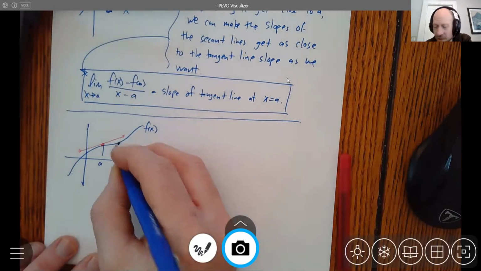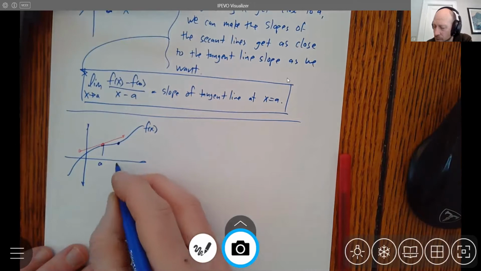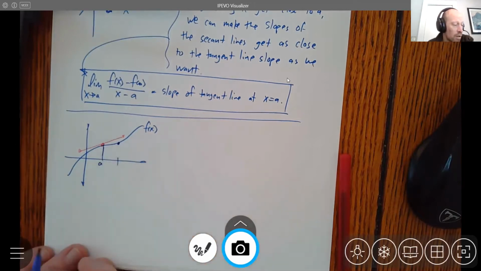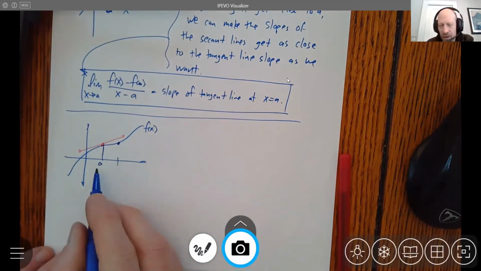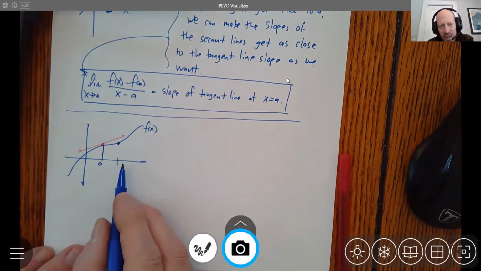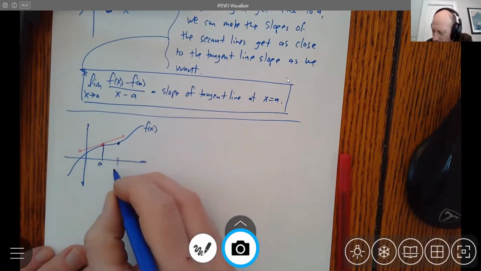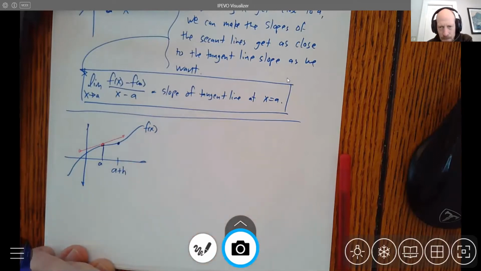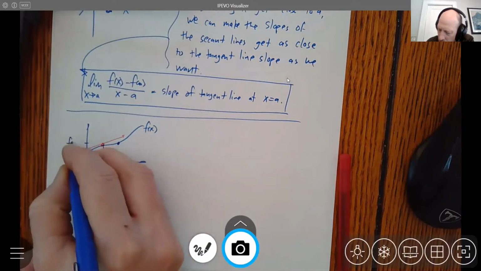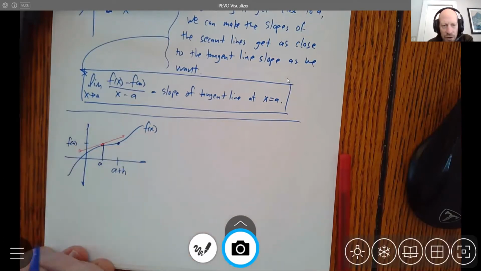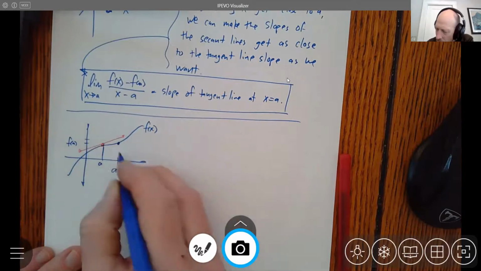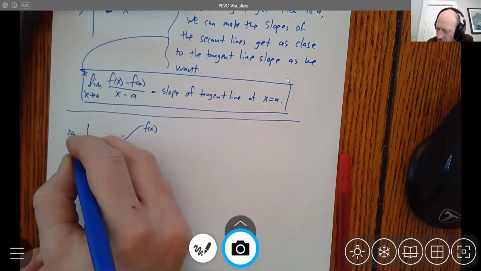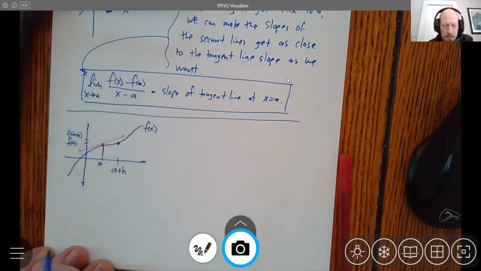And in fact, I still have the same mechanism. I'm going to pick some other point over here. The difference is, rather than calling this other point x and letting x go to a, instead I'm going to call this other point a plus h. So that makes this y value here f of a, and this upper y value here f of a plus h.